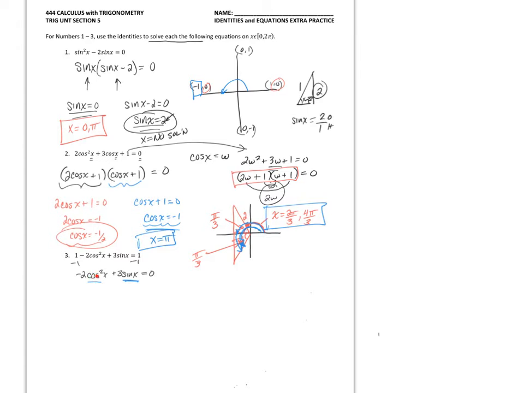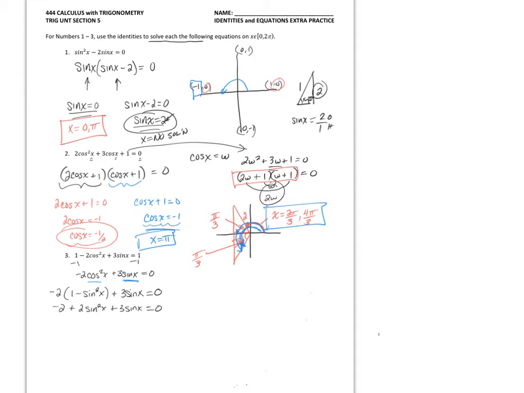So with this example, with cosine squared, I'm hoping you know what the replacement for that will be. We're going to keep the negative 2 out in front, but that cosine squared is going to become 1 minus sine squared. And once we do that, we can distribute that negative 2, and we should get a nice little quadratic pattern. So distribute the negative 2, we're going to get negative 2 plus 2 sine squared plus 3 sine of x.